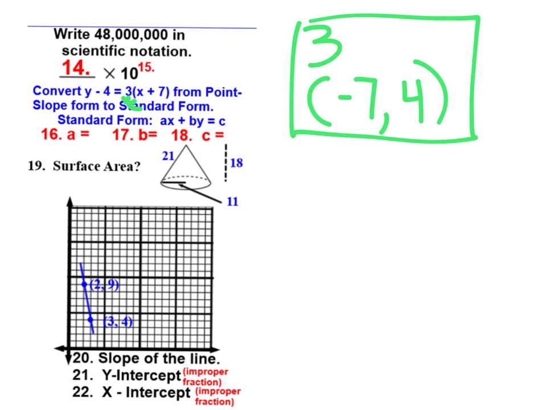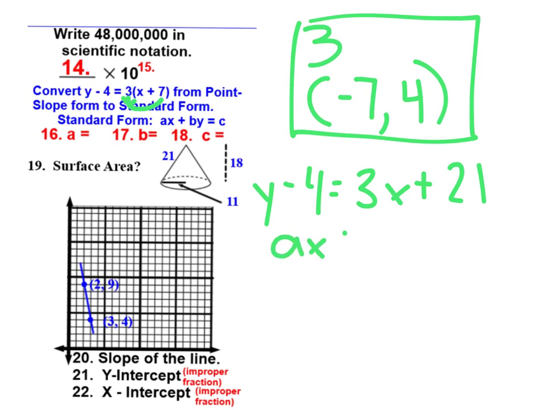So I'm going to take 3 times x and get 3x, 3 times 7 and get 21, and now I have y minus 4 equals 3x plus 21. But remember, standard form means I want my x's and y's to be on the left-hand side and my constant to be on the right-hand side. It fits the format ax plus by equals c.